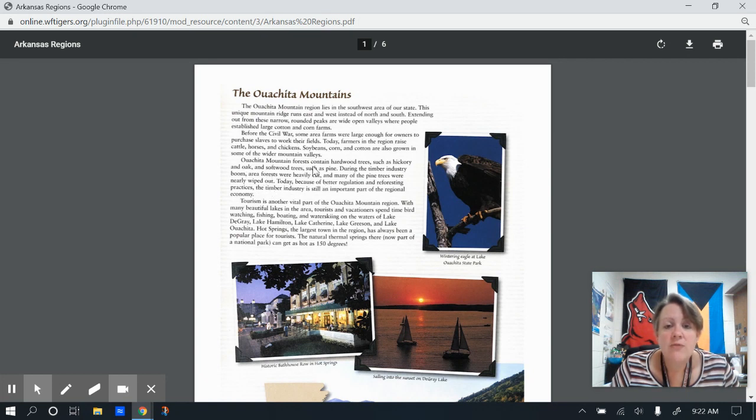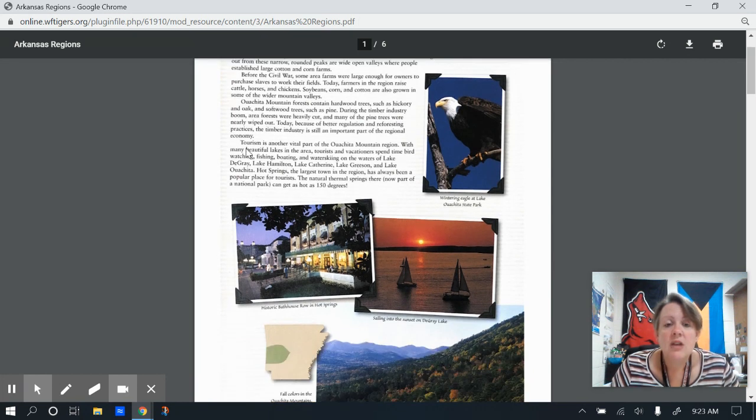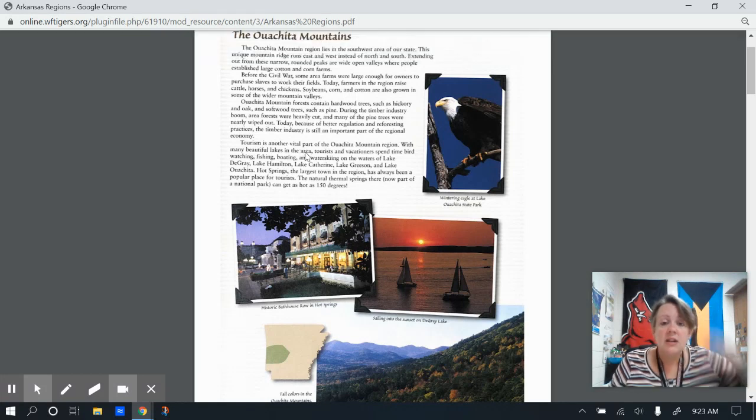So Ouachita Mountain forests. This might be something you would write down. You could say the forest equals hardwood trees like hickory, oak, and softwood, such as pines. It looks like the timber industry was a big deal, and it's still a big deal today. Tourism, because people want to go to some of these areas for vacation or just to check it out.